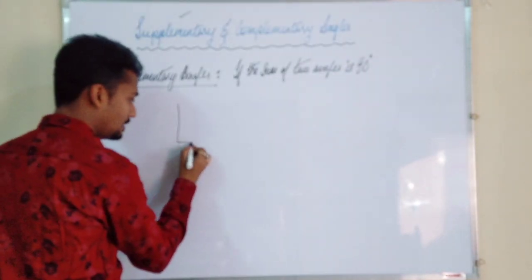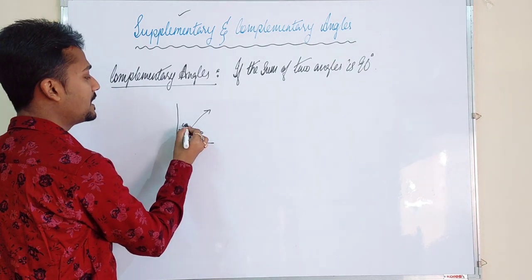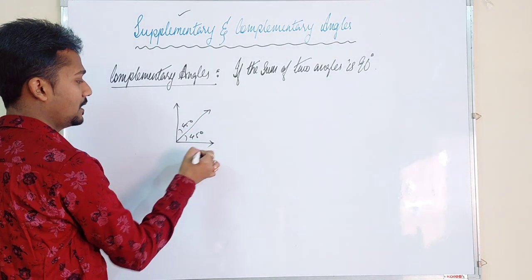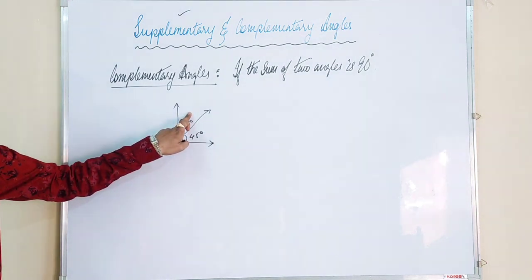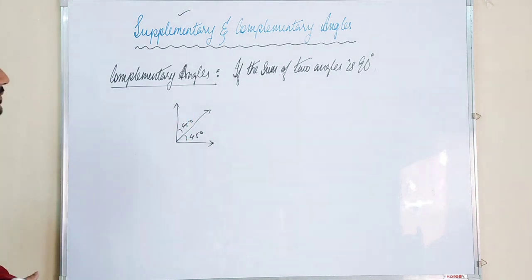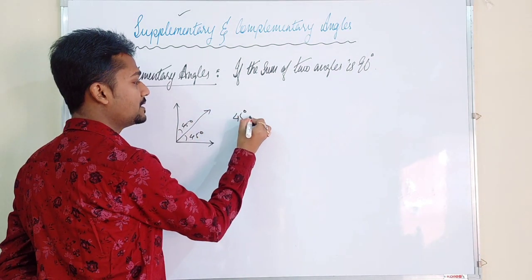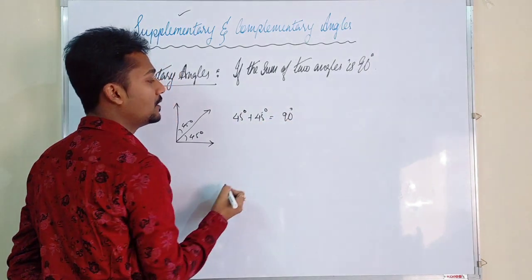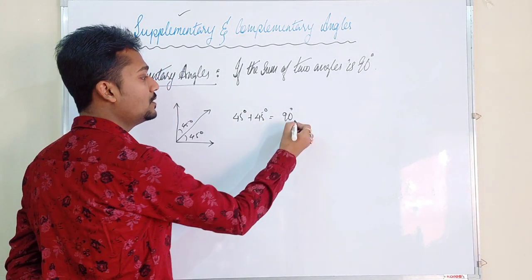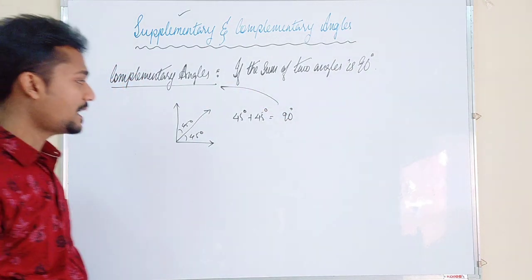So by looking at this figure, this is 45 degrees, say for example, and this is also 45 degrees. If we add them, we get how much? 45 degrees plus 45 degrees, we get 90 degrees. So if we get 90 degrees, then it is a complementary angle.